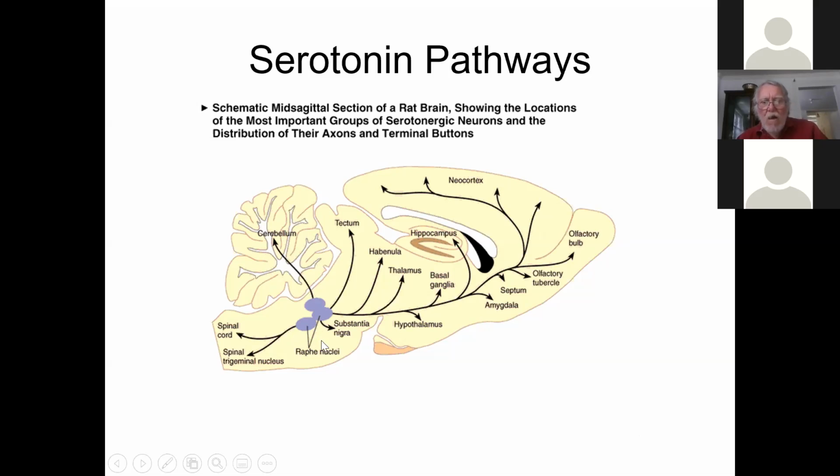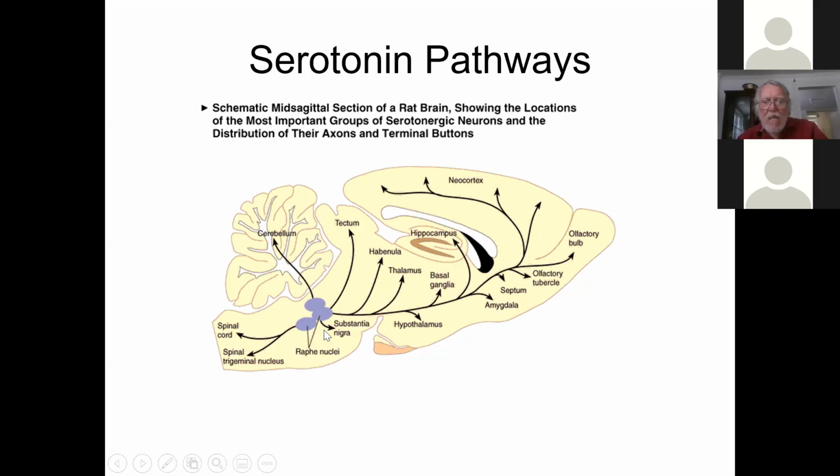So what we see in the rat and the cat is that there are 9 Raphe nuclei marked as B1 to B9, where B1, 2, and 3 are medullary Raphe nuclei, 4, 5, and 6 are pontine, and 7, 8, and 9 are mostly in the midbrain.